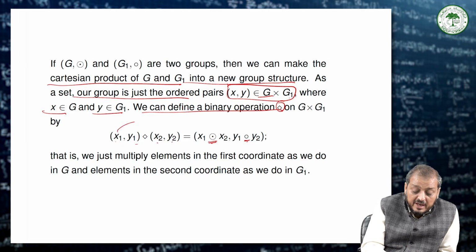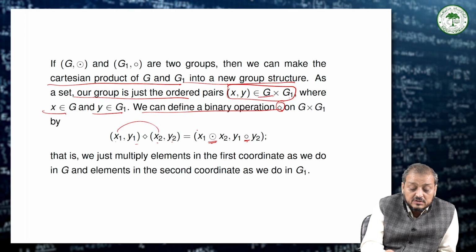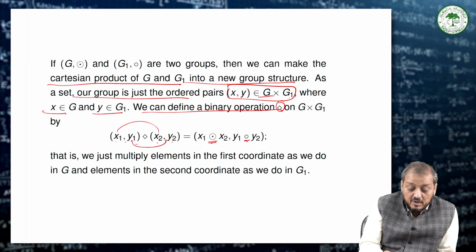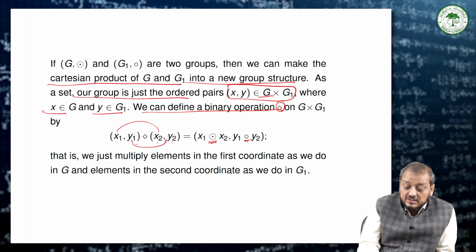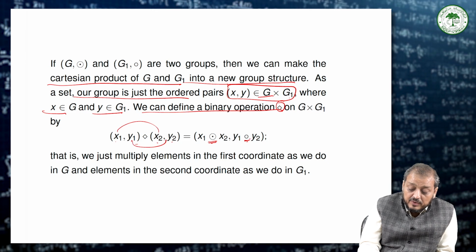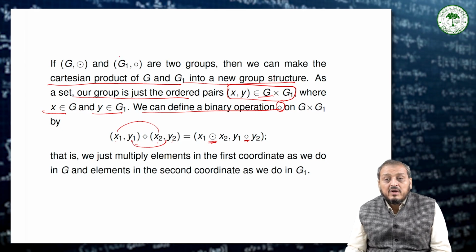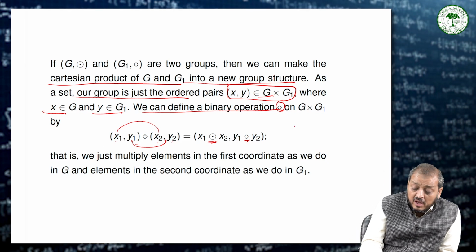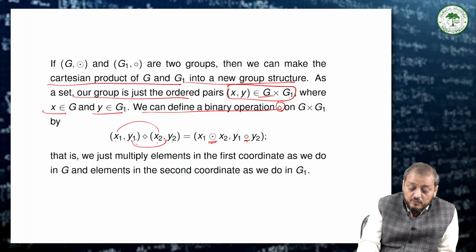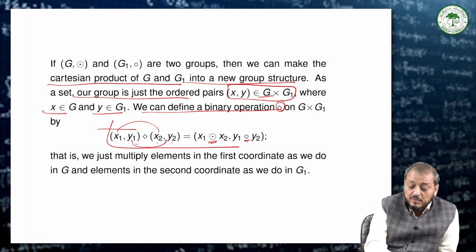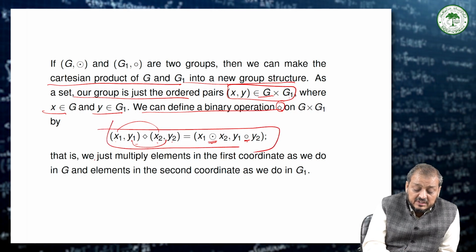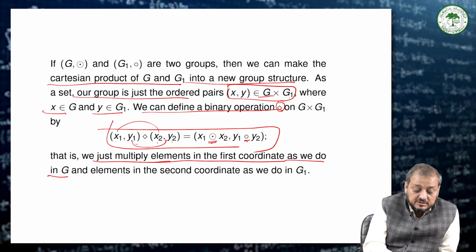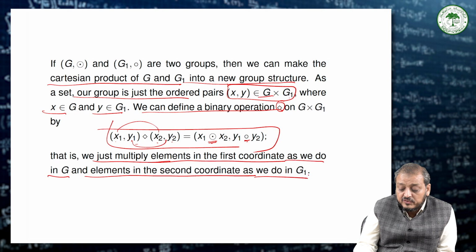So we take x1 and x2 under the binary operation of G, and y1 and y2 under the binary operation of G1. That is, we multiply the elements in the first coordinate as we do in G, and the elements in the second coordinate as we do in G1.